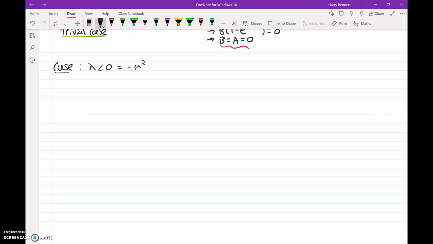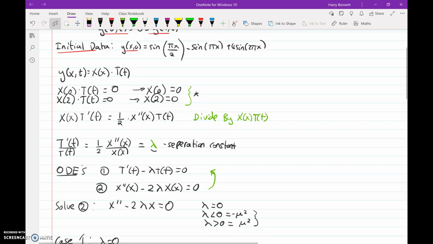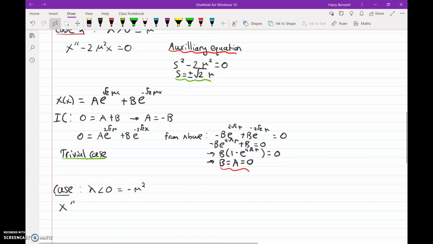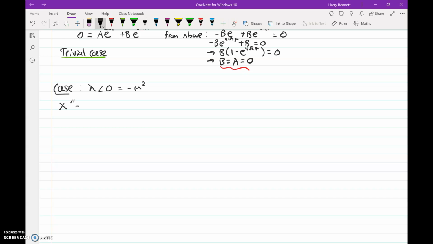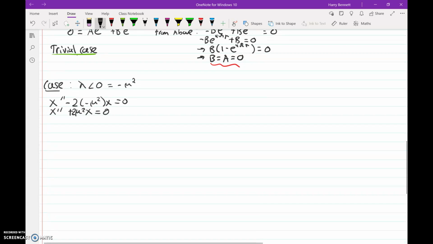So then our ODE becomes X double primed minus 2 times minus mu squared times X is equal to 0. Simplifying this, we get X double primed plus 2 mu squared X is equal to 0.